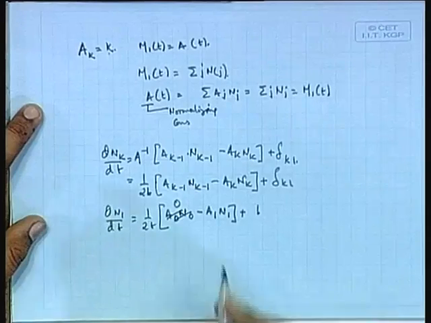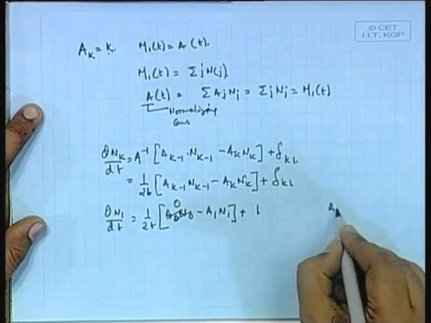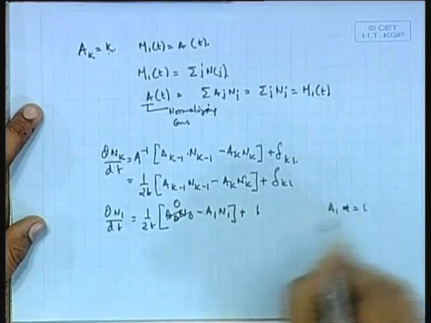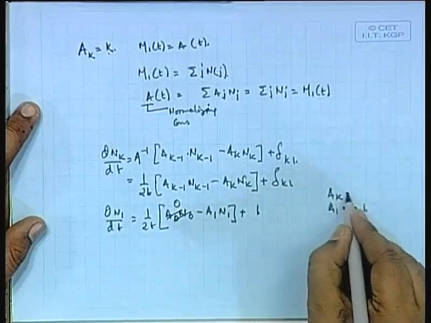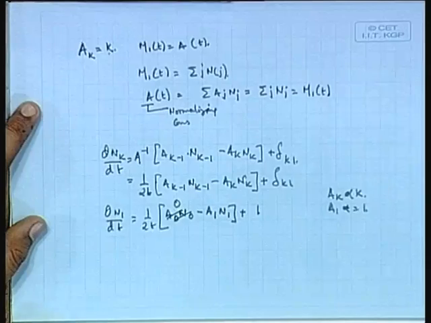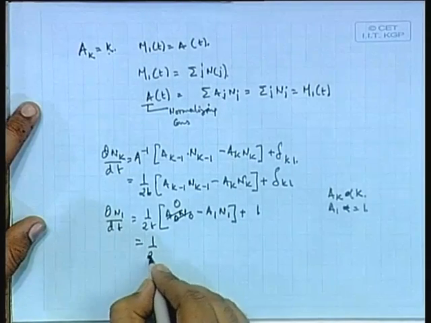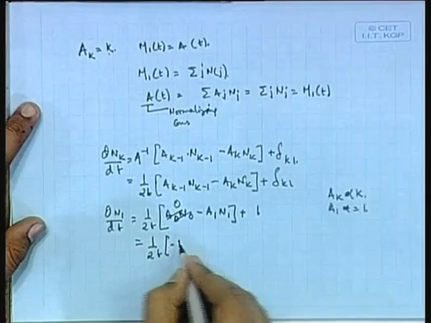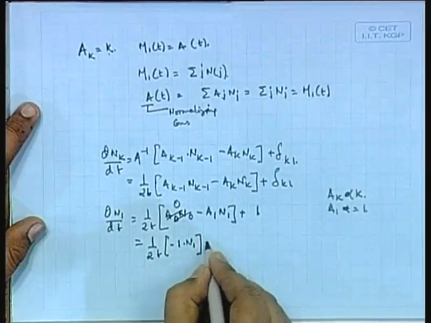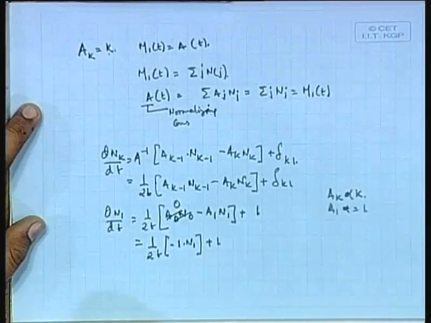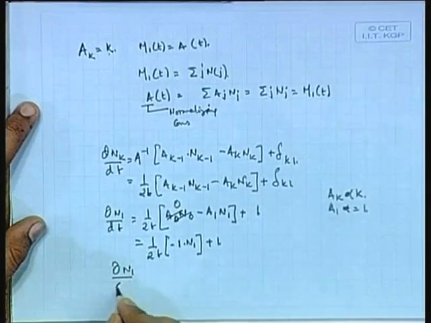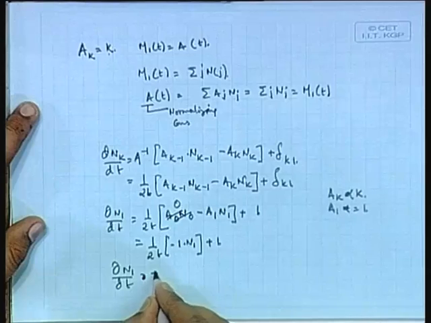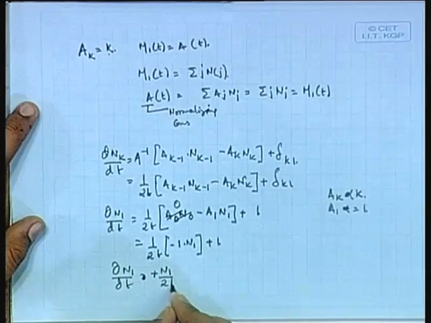And a_1 is 1, because I have told that a_k is proportional to k. So this becomes 1 by 2t times minus 1 into n_1, plus 1. So dn_1/dt plus n_1 by 2t is equal to 1.